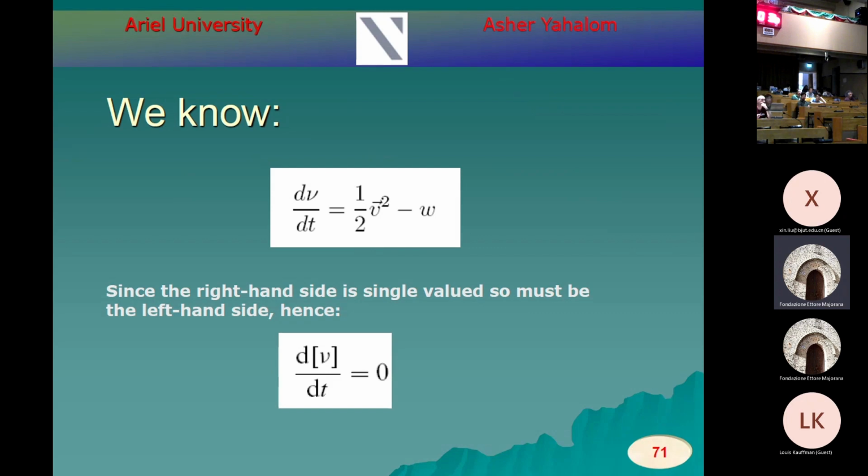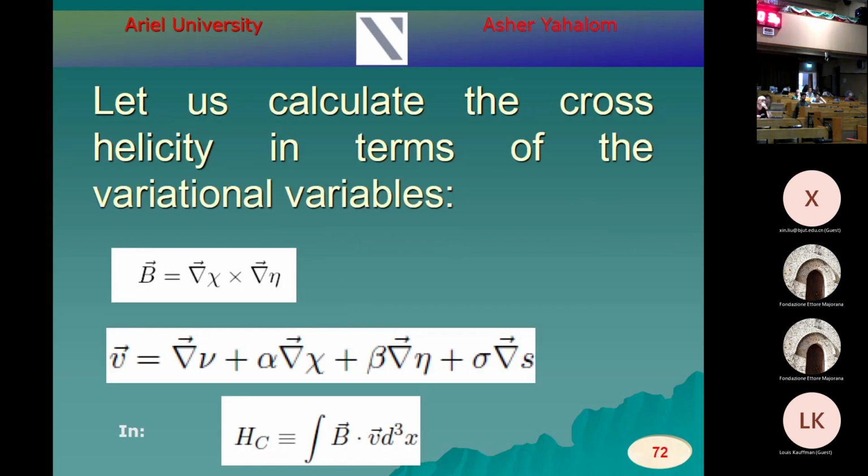Right-hand side, we have velocity, we have specific enthalpy. Those are physical quantities, those are single valued quantities. Left-hand side, we have nu, which is a potential. So it can be single valued, but it can be non-single valued as well. Okay? So if it's non-single valued, it must be that the material derivative of the cut is equal to 0. So the cut value of this non-single valued function is a conserved quantity.